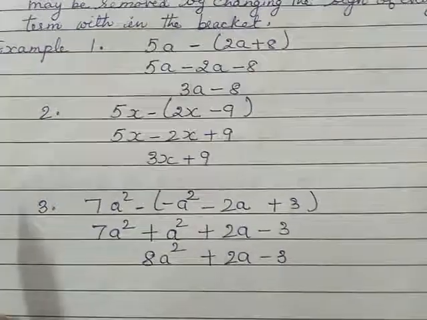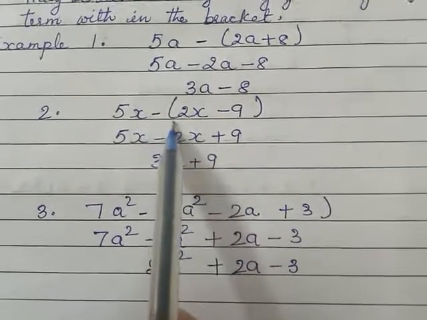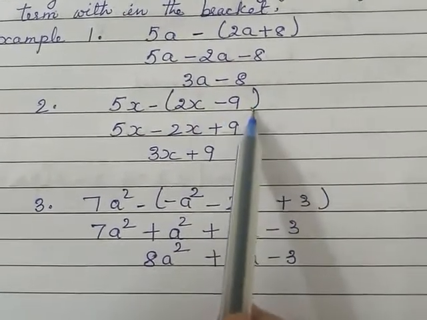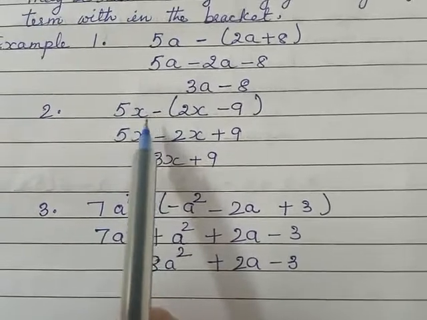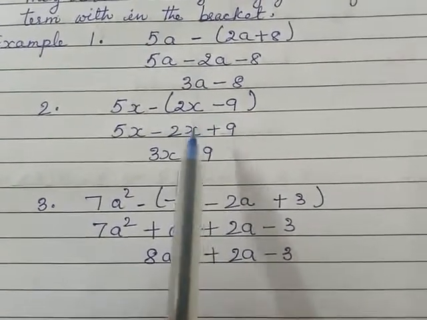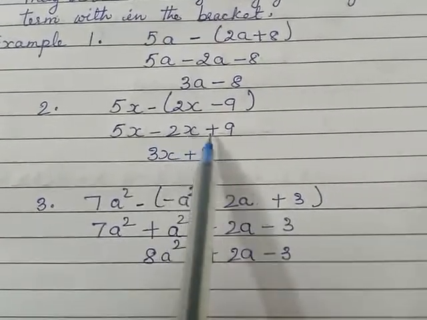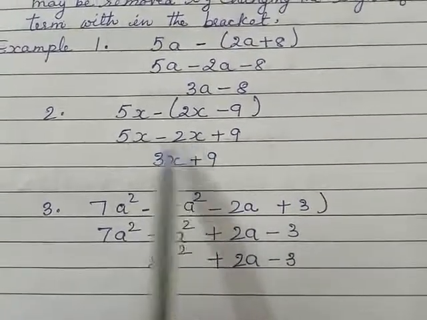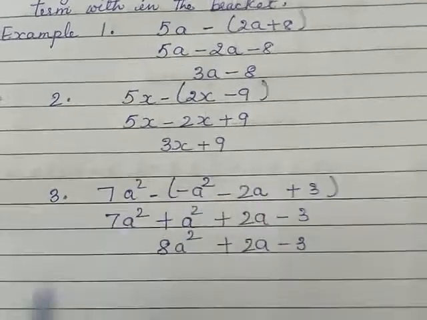One more example I have taken for you: 5x minus bracket 2x minus 9, bracket closed. Before this bracket also we have a negative sign. So when we remove this bracket, this minus sign will change into plus sign. So 5x minus 2x plus 9, both like terms, so 3x plus 9.